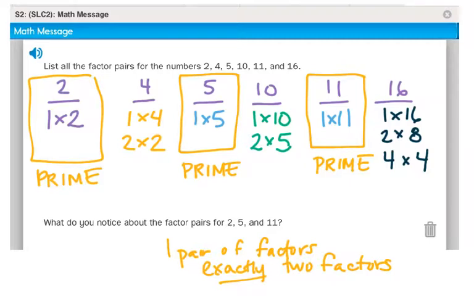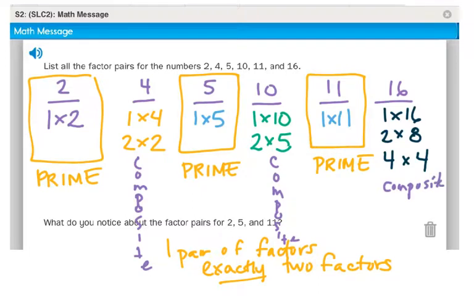So the numbers that have more than two factors also have a special name. They're called composite.